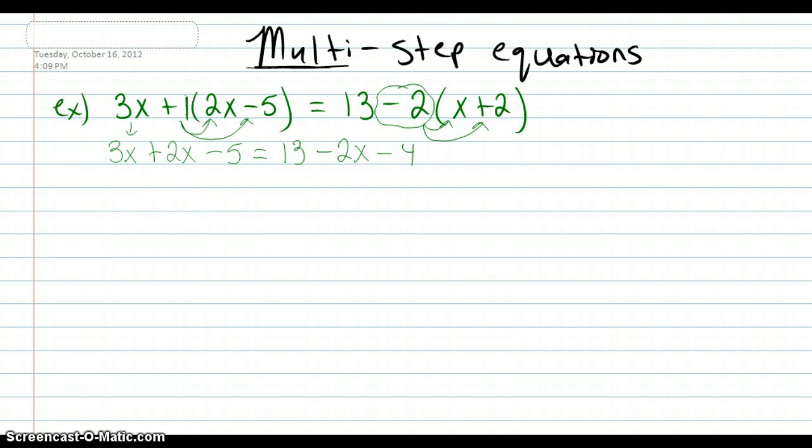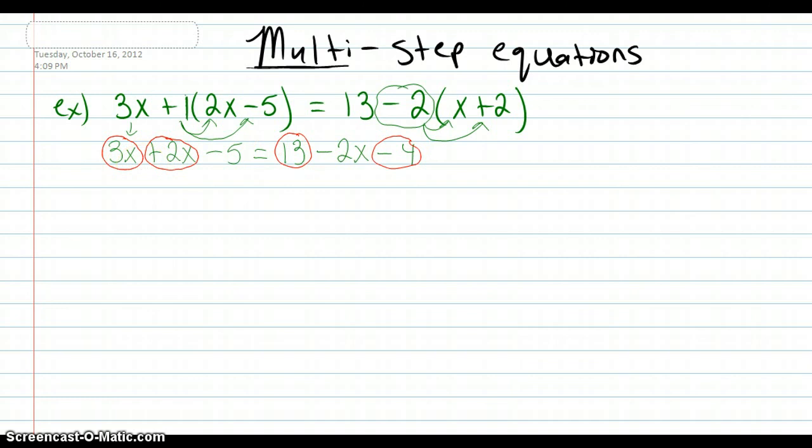Now we can start to combine like terms. We have a 3x, and looky here, a positive 2x. Awesome. That's letter, number, so leave it alone. Over here we have a number, a letter, and a number. We can combine the two letters here.